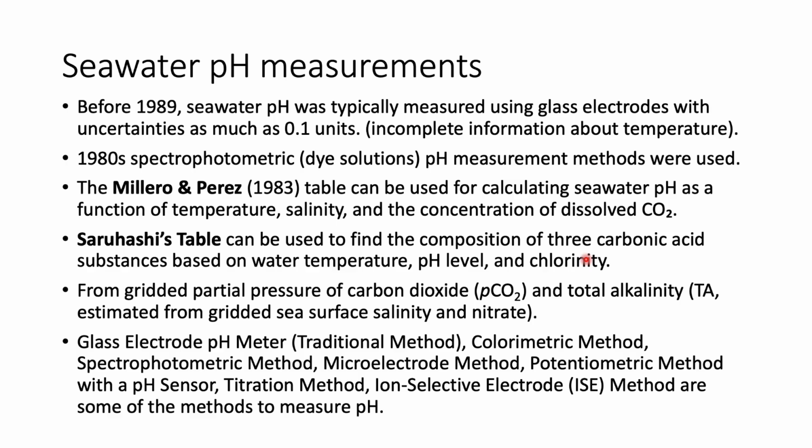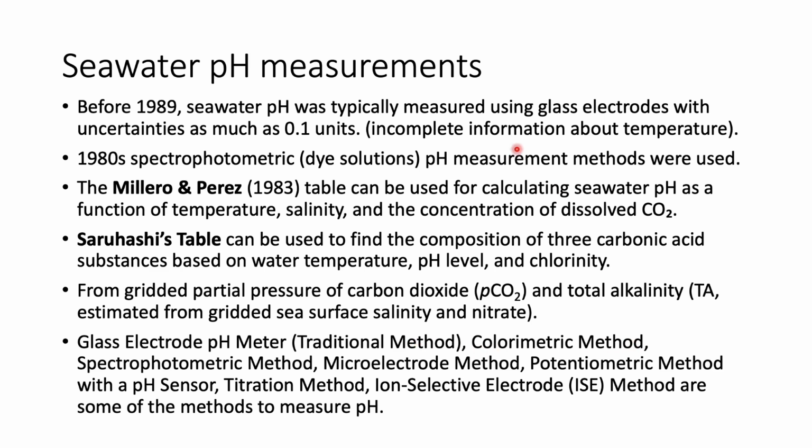That's the reason when we study or measure these things, we are using many of the similar compounds. Another one is gridded partial pressure of carbon dioxide and total alkalinity estimated from gridded sea surface salinity and nitrate. So this is also another method by which we can measure seawater pH. Then glass electrode pH meters, which is a traditional method many people have been using.